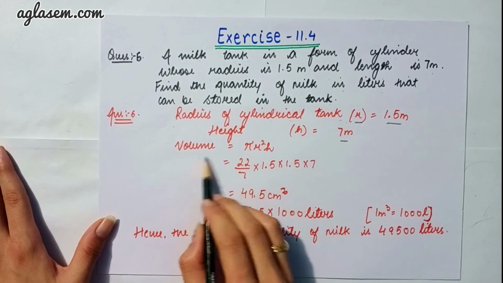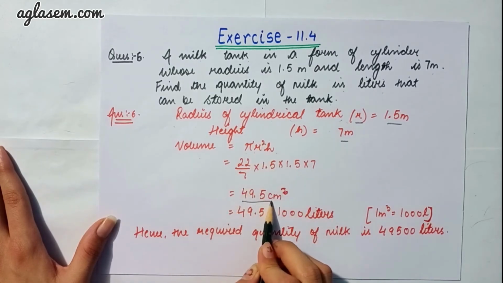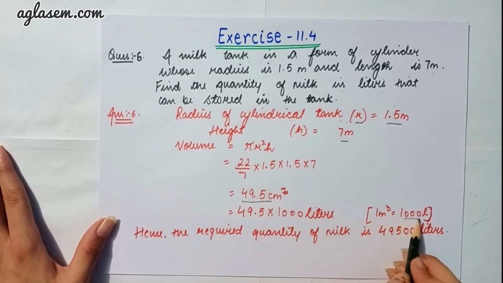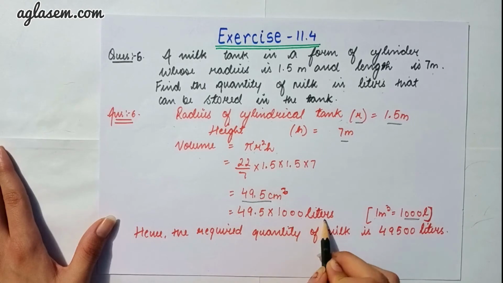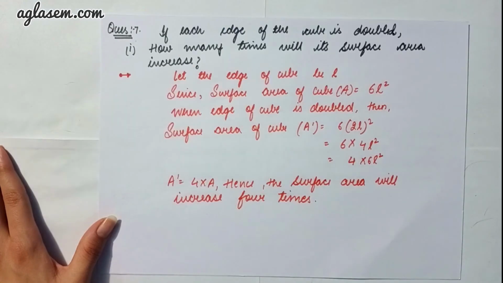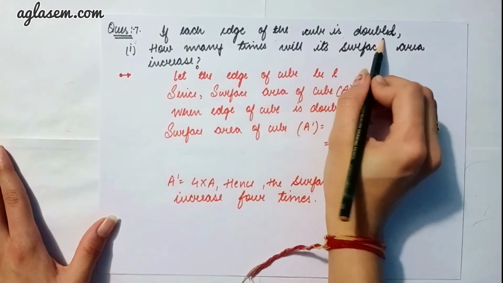So the volume we can find by pi r square h, we will get 49.5 meter cube. And we have to convert it into liters, that is 1 meter cube equals 1000 liters. So therefore we will get 49.5 into 1000 liter, which is 49,500 liter.